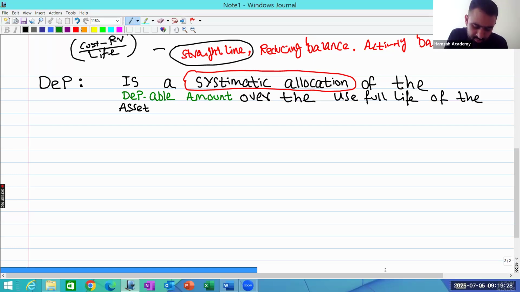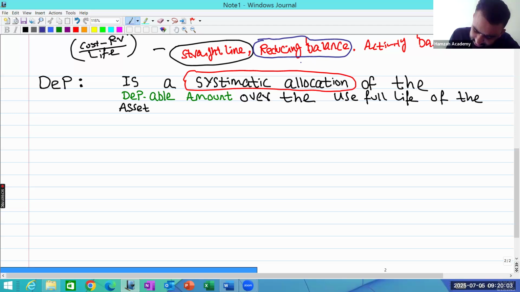But if the pattern of economic benefit from the asset is that at the start you have more economic benefits, but as the asset is getting older, the benefits from the asset are reducing, in such cases the depreciation method which we can use will be the reducing balance depreciation method.